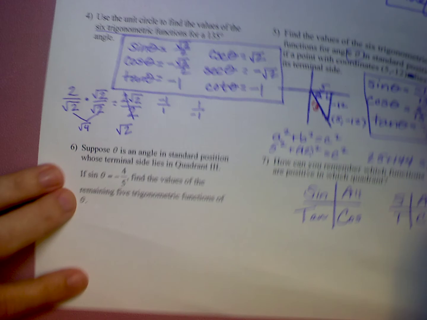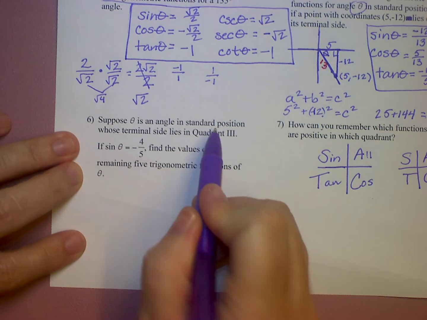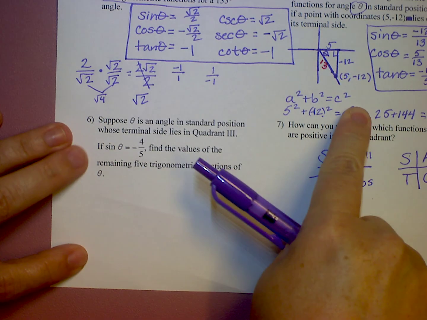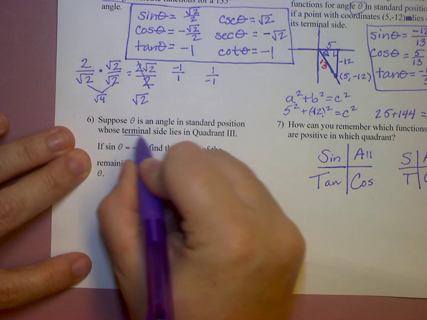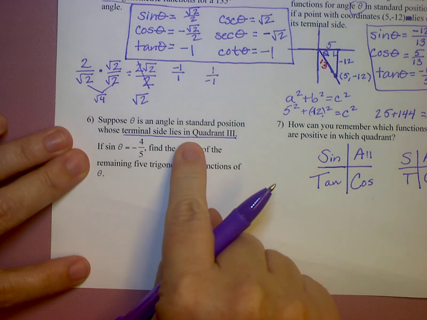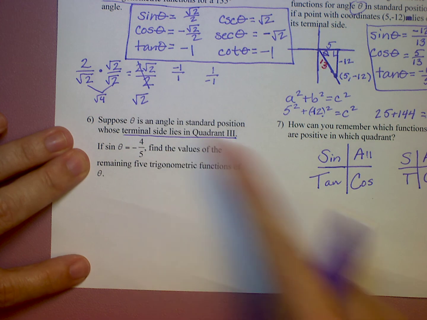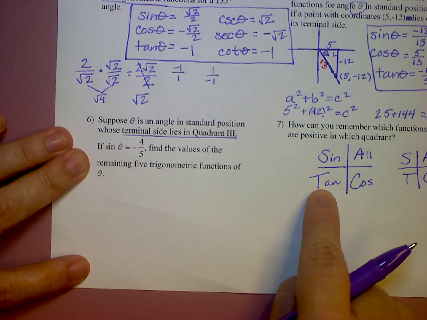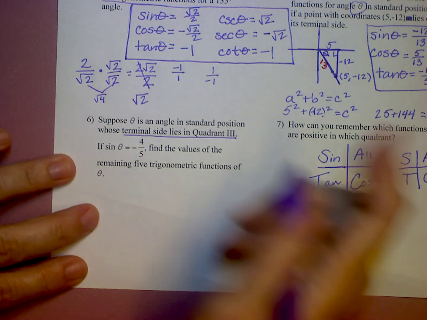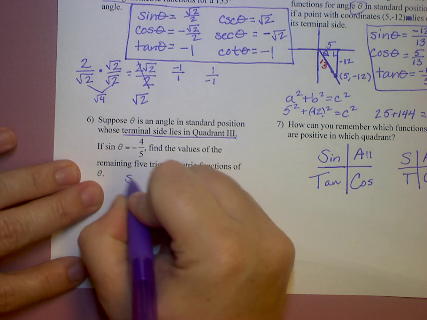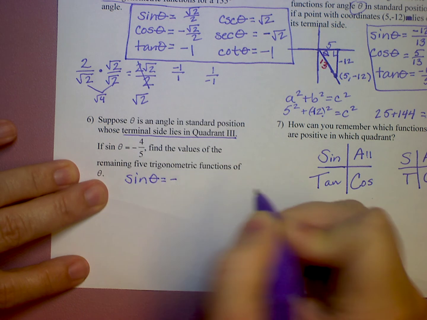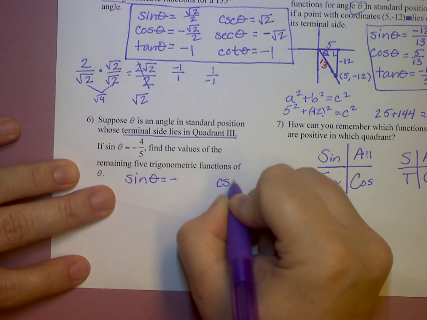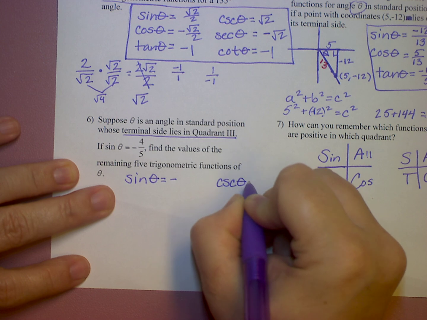All right, suppose theta is an angle in standard position, so just like up here, whose terminal side lies in quadrant 3. This is the important part. If the terminal side lies in quadrant 3, I know that tangent is the only thing that's positive in quadrant 3. So if I set up my answers, I know that sine will be negative, therefore cosecant will also be negative.